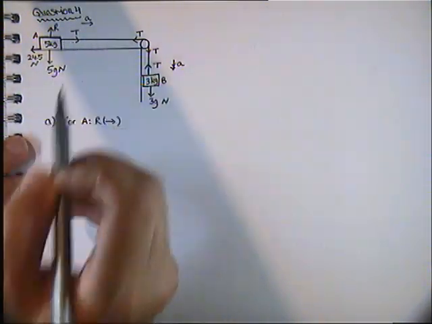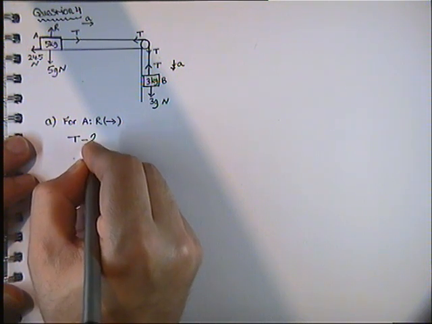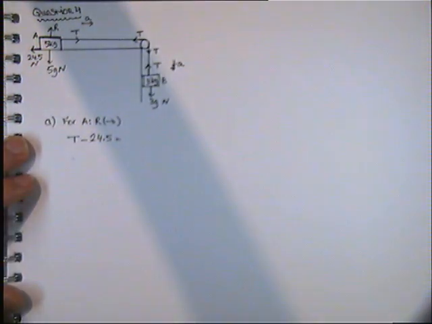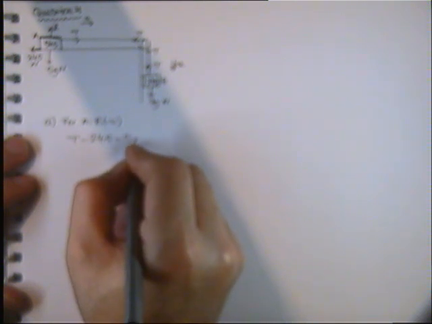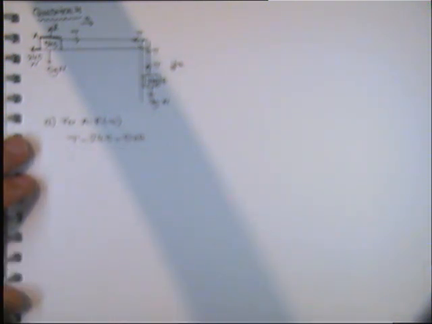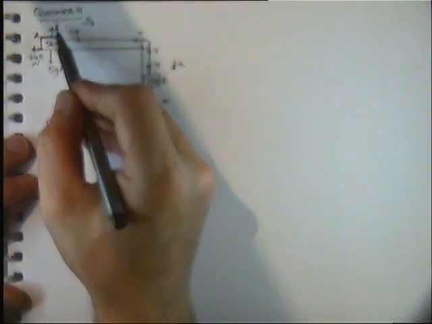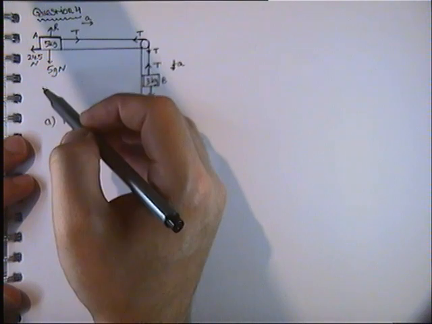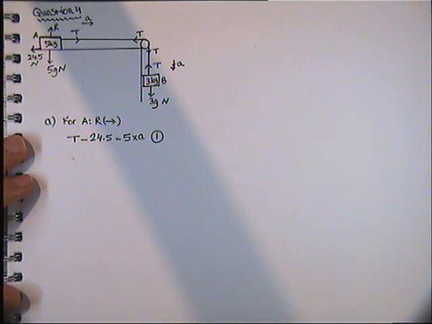It's moving in this direction, therefore T is positive, minus 24.5 because friction is in the opposite direction, is equal to mass times acceleration, 5 times acceleration, which we don't know yet. I call this equation 1. We have nothing to do with the reaction force on this 5g, because the particle is not moving vertically, so the vertical acceleration is equal to 0.